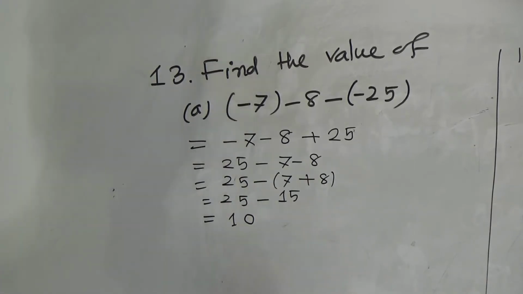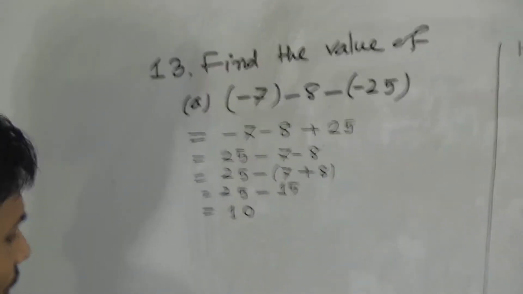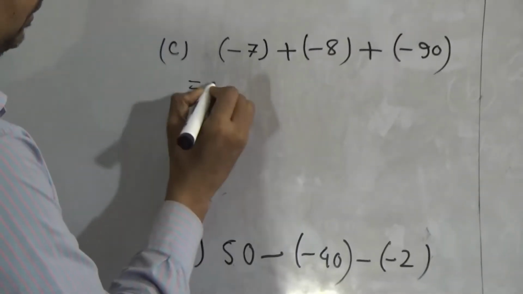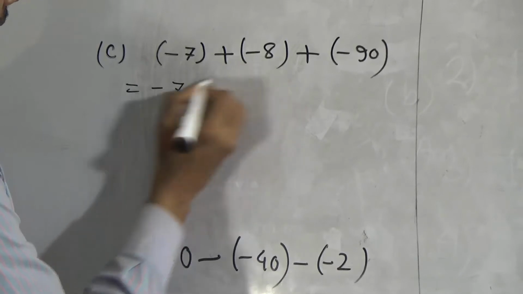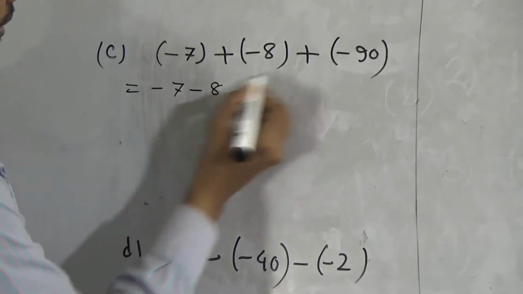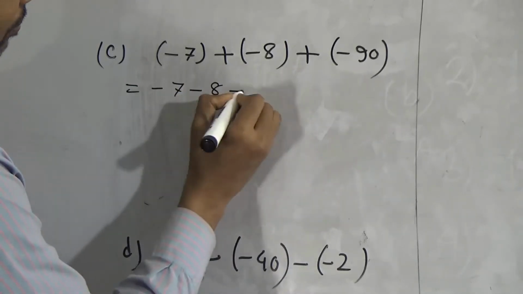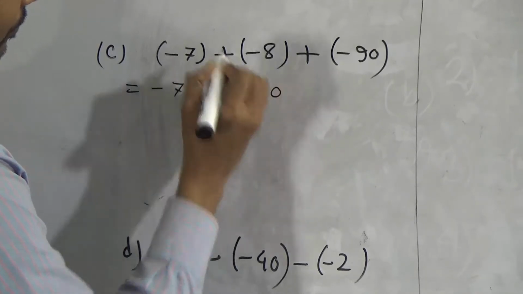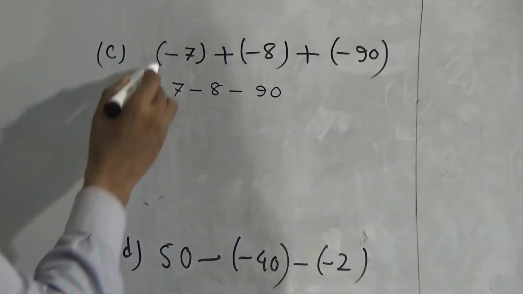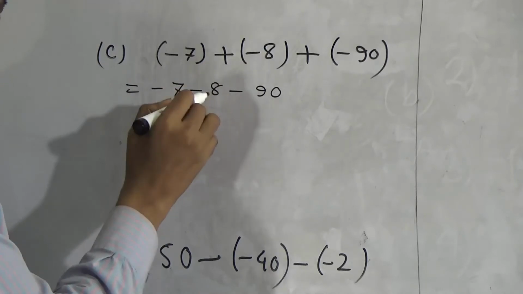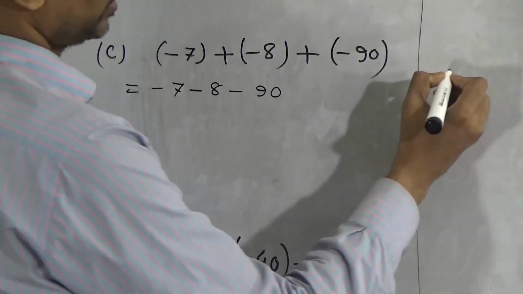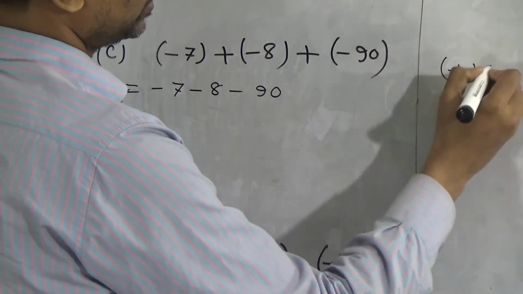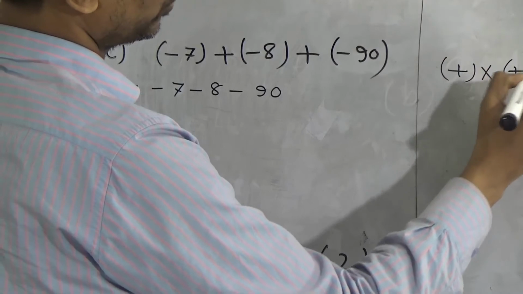Now question number C. This is minus 7, plus and this minus, plus minus minus 8, plus and minus minus. Okay student, in the previous class I discussed: plus into plus is equal to what?